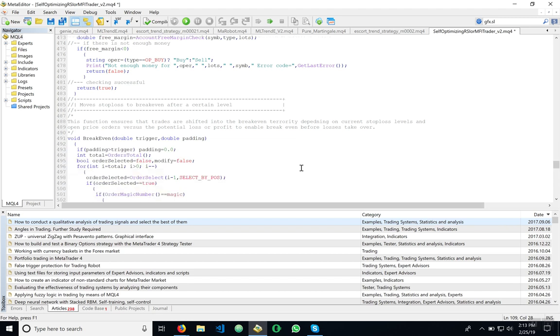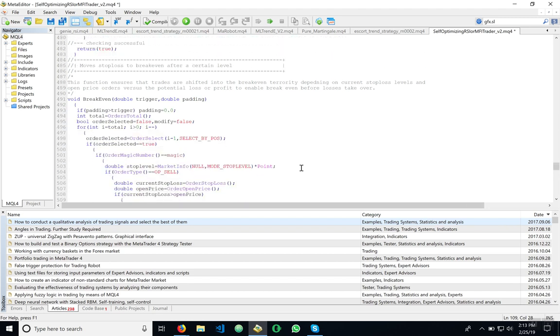Now moving on. The next function we have to look at is the break-even function. And basically what this function ensures is that trades are shifted into the break-even territory depending on current stop loss levels and open price orders versus the potential loss or profit, to enable a break even before losses get out of control.